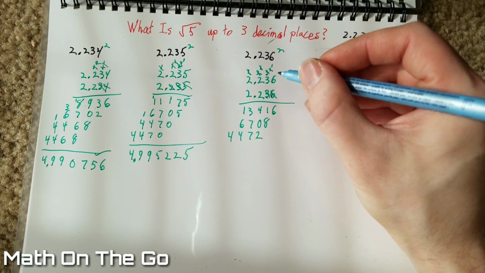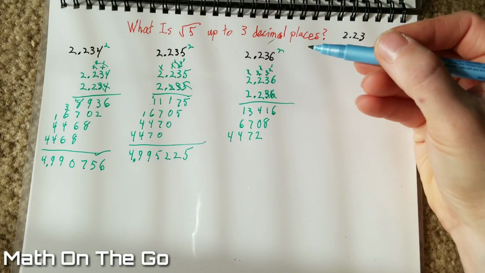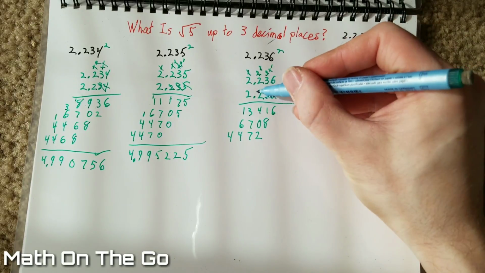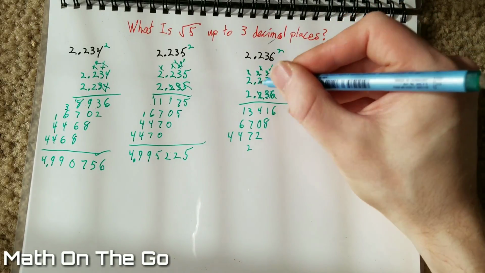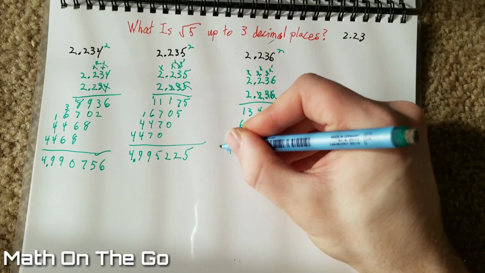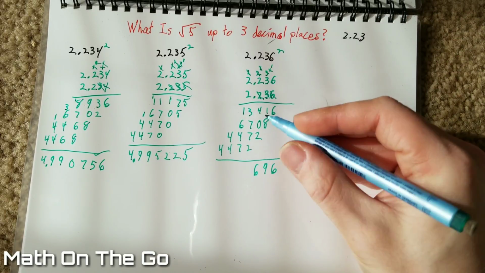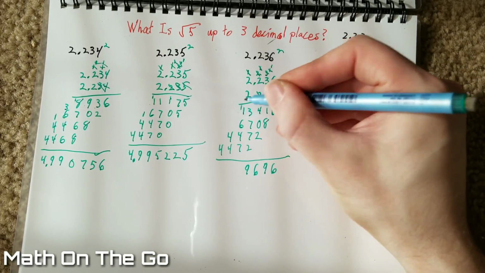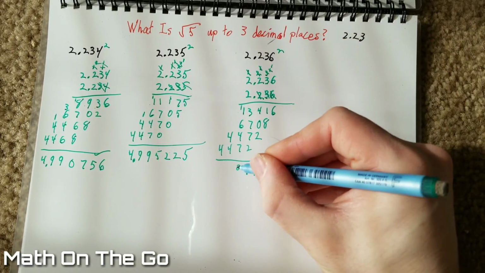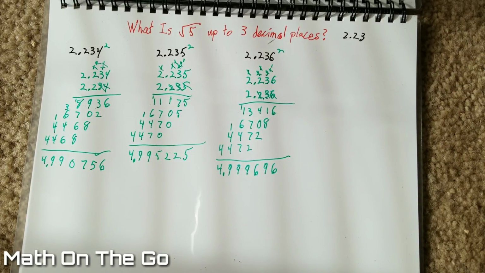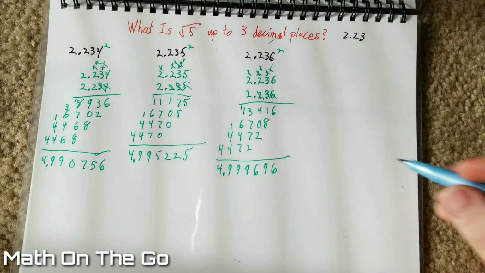And this is starting to look a little promising here. Okay, looking pretty promising. I mean, it could still end up going over, but so far so good. So we've got ourselves 6, 9, 6, 19, 19, 9, 4. So we end up with 4.999696. So I think we got ourselves a winner.